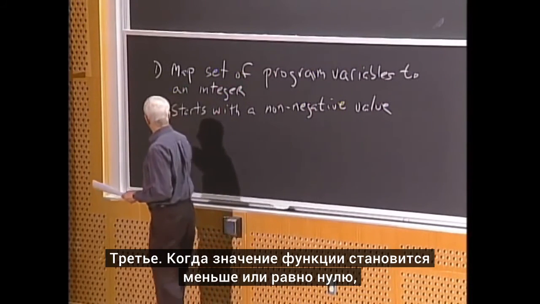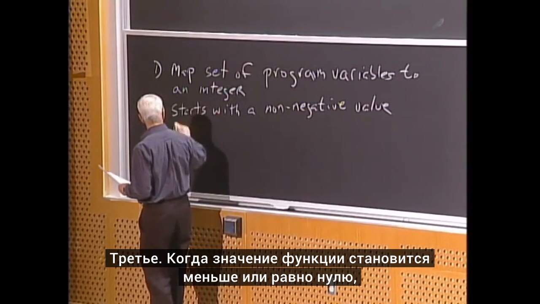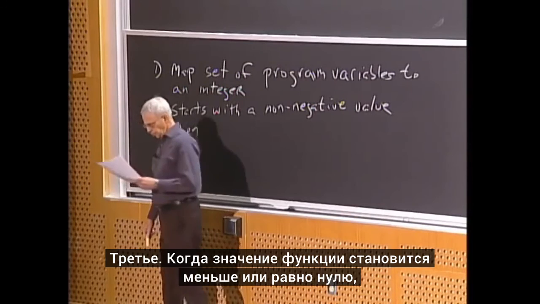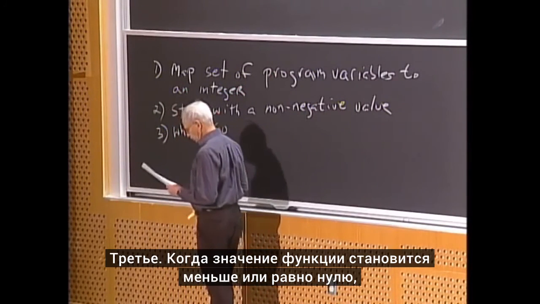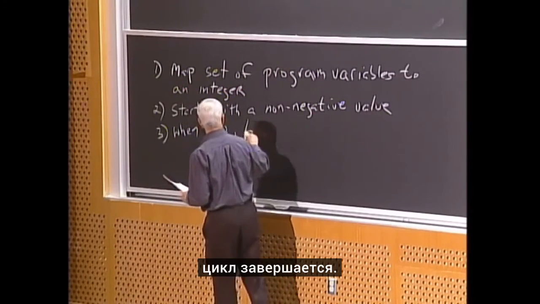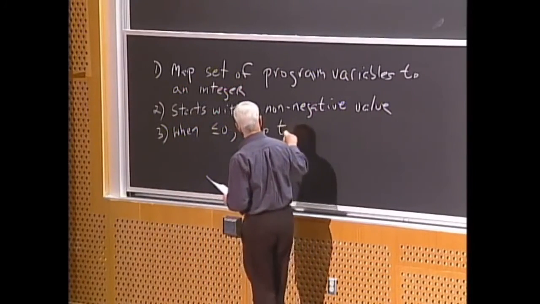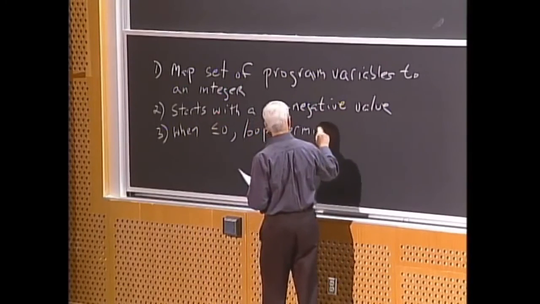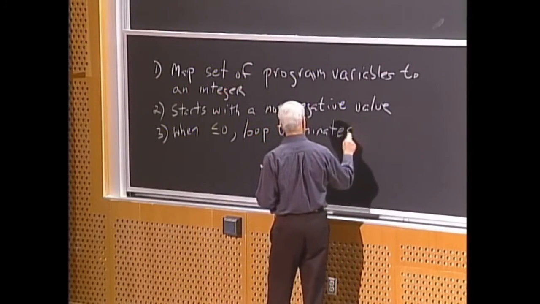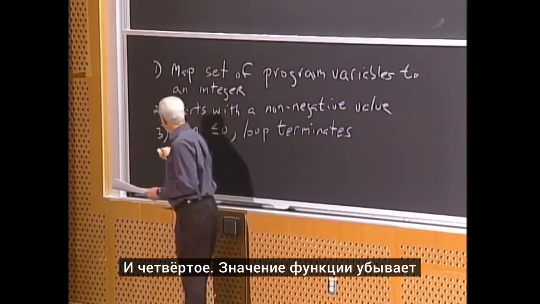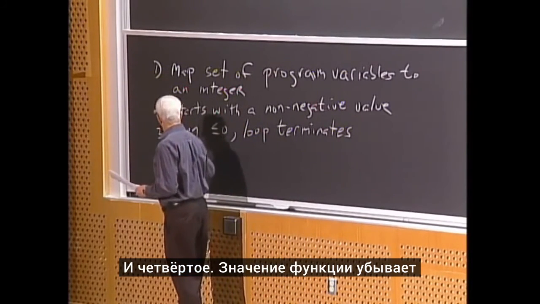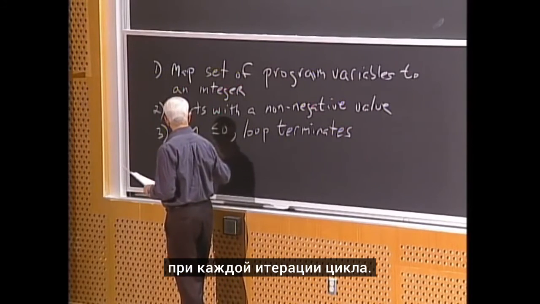Three, when its value gets to be less than or equal to 0, the loop terminates. And finally, four, it's decreased each time through the loop.